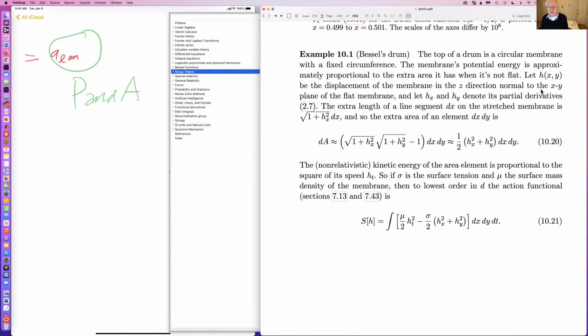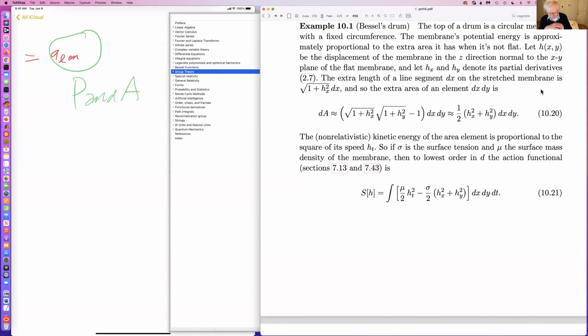All right, okay, so Bessel's drum. Well, the top of a drum, of course, is a circular membrane with a fixed circumference, and the potential energy of the membrane is approximately proportional to the area of the membrane.